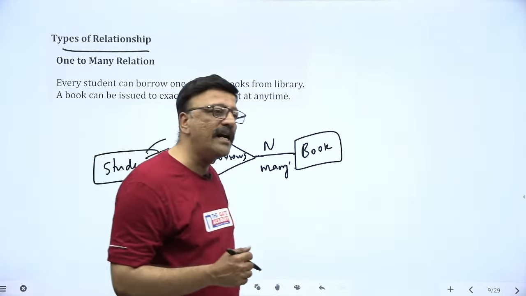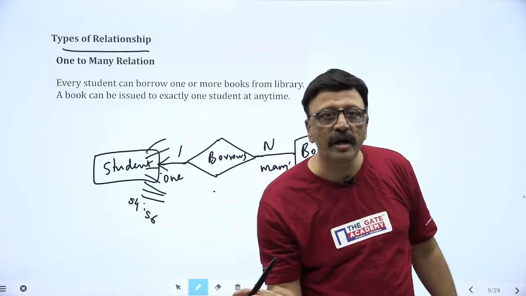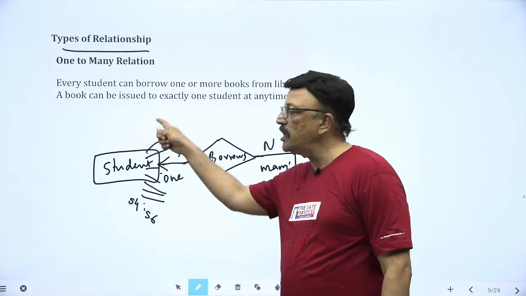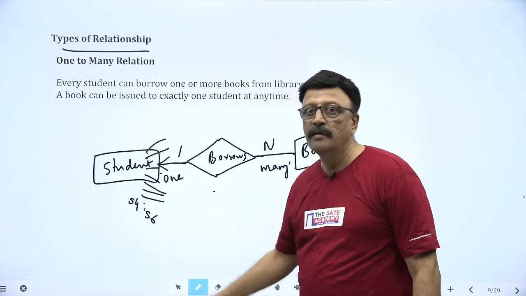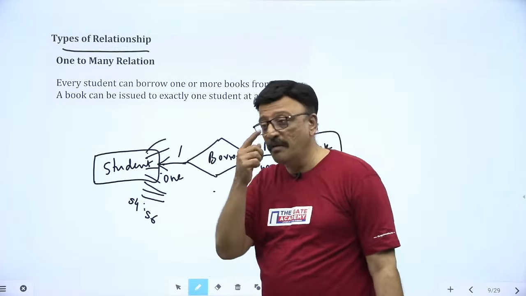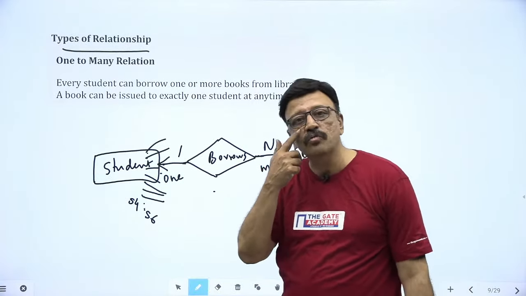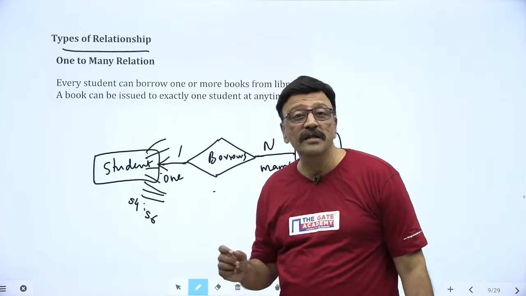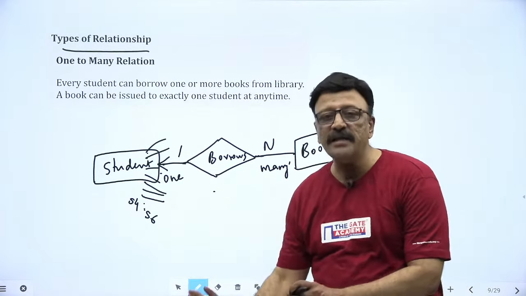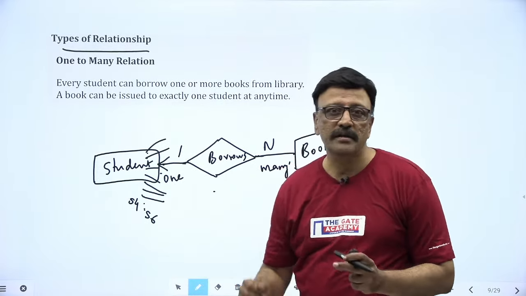When do you say that an entity like student is doing total participation? When all the elements of that particular entity, the set of students, will definitely borrow a book. But that's not true here. A realistic example, there might be some students who never borrow a book. We call this partial participation. So we say student participates in the relationship, no doubt, but it partially participates.